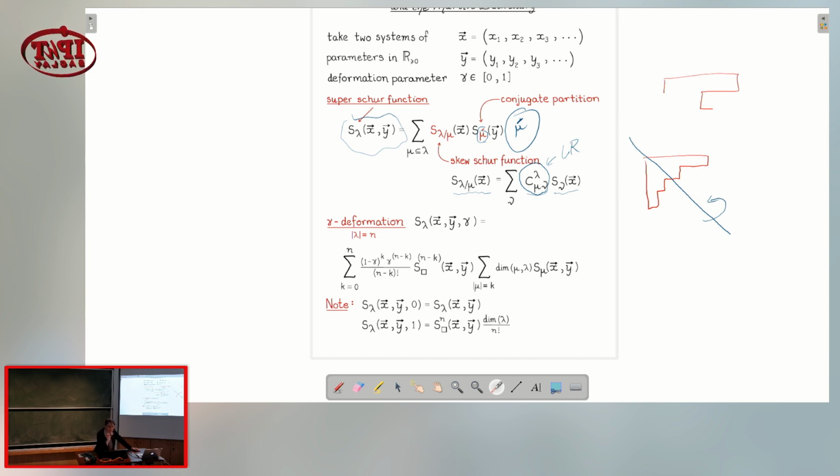Why is it called super? Because if we curtail these and look at only finitely many x's and finitely many y's, then these should be the characters of a super GLN, traces of the irreducible representations of the corresponding supergroup.